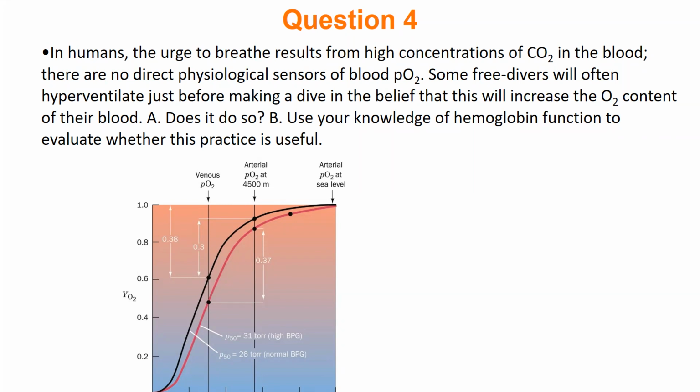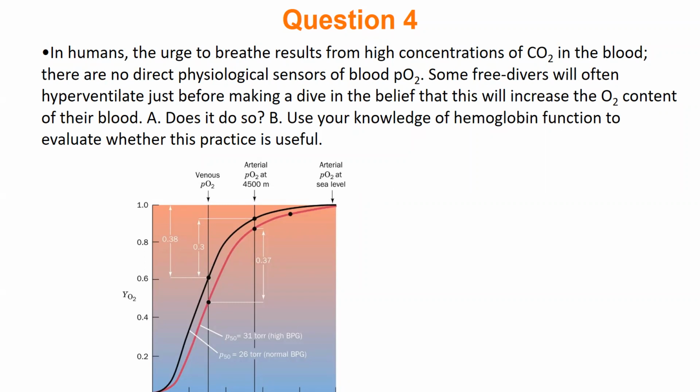When the CO2 builds up in your blood and becomes more acidic, the Bohr effect is starting to kick in. And hemoglobin in your blood will give up that oxygen instead of holding on to it. So what will happen is that you're actually releasing oxygen prematurely before you jump into the water.